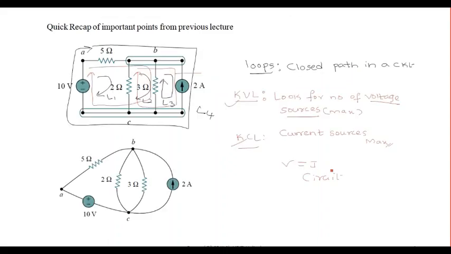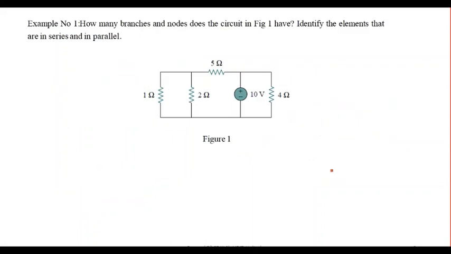It is almost the same as this circuit itself. By this time you should be able to tell how many nodes and branches you can have. Here, first you need to mark the common points. So here we have these common points.